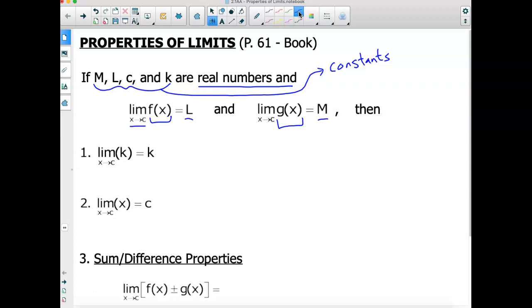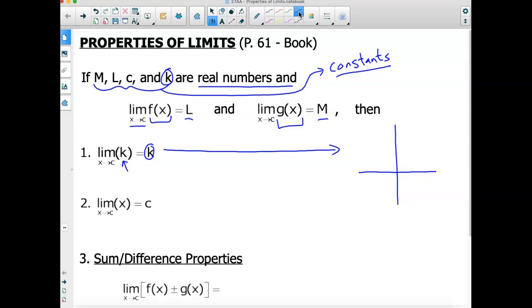Now, the first two limits seem really easy, but they're goofy. People screw these up all the time. The limit as x approaches c of k, remember, k is a constant, equals k. What in the heck? Well, let me make a little graph for you.